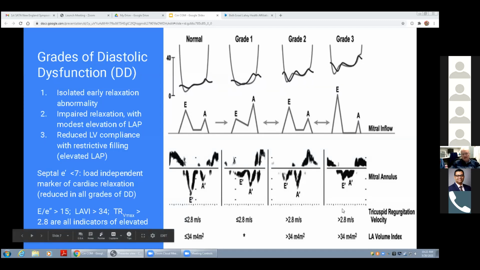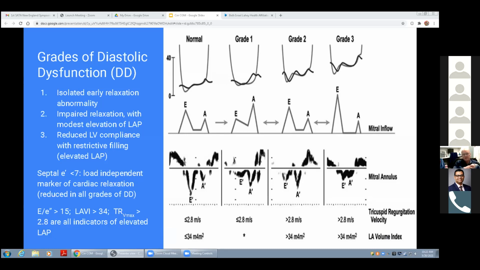The last 2 things that we look at are tricuspid velocity and left atrial volume index. Left atrial volume index is a marker for chronic elevations of left atrial pressure, and the TR jet velocity is a marker for pulmonary hypertension. Both are also only elevated in grades 2 and 3 of diastolic dysfunction.